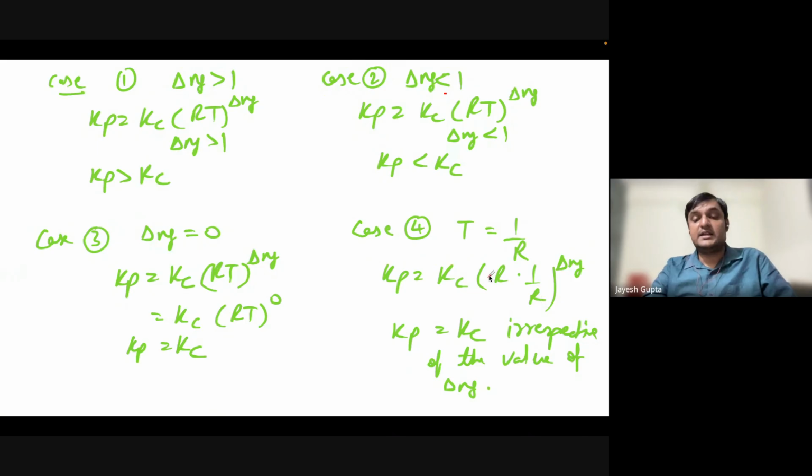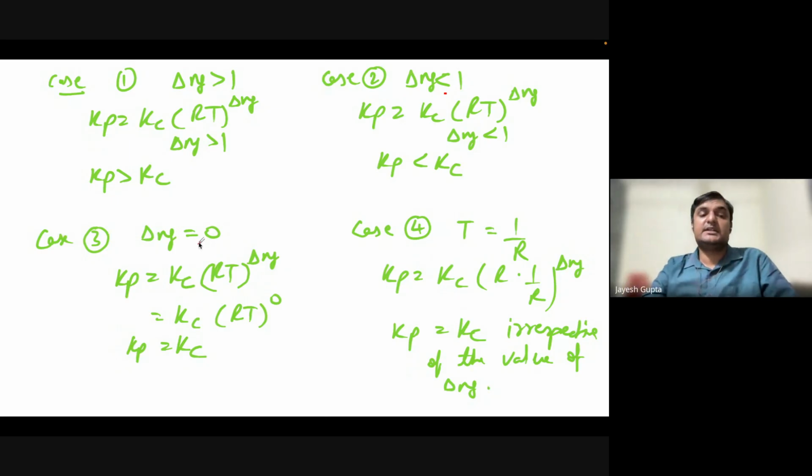So this R will cancel out and you will be getting Kc into 1 to the power delta Ng. Now 1 to the power delta Ng is always 1. 1 to the power something will be 1 only. So here delta Ng can be anything, no issue. Temperature is 1 by R, so you will be getting Kp equal to Kc.